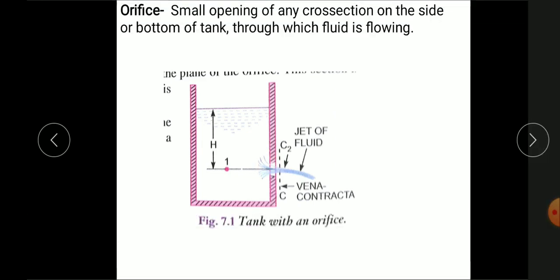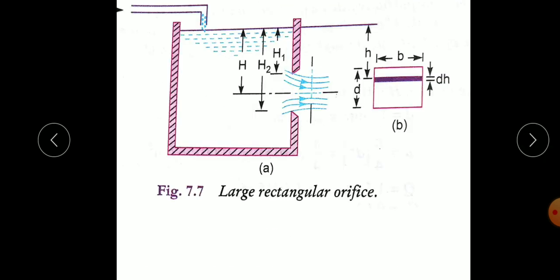If the head available H is less than 5 times the depth of the orifice, then it is called a large rectangular orifice, because the head available in the tank is smaller compared to the depth of this orifice.